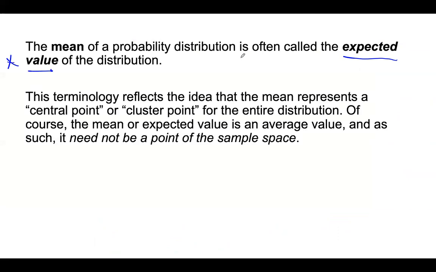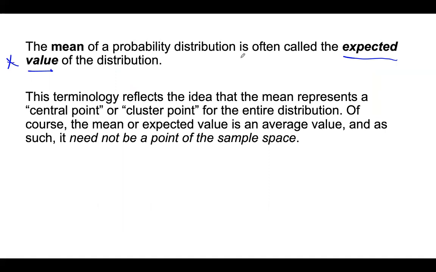So the mean of a probability distribution is often called the expected value, which is what we're going to be focusing on. This terminology reflects the idea that the mean represents a central point or cluster point for the entire distribution.